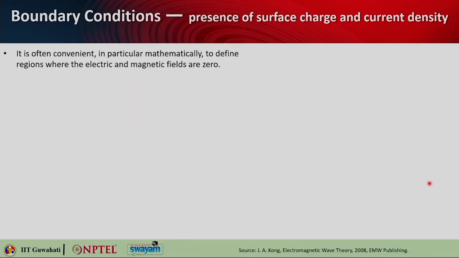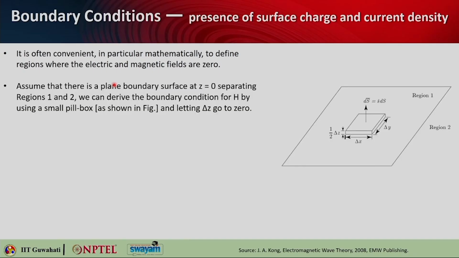Now, in the presence of surface charge or any current density, the boundary conditions will slightly modify, and the concept of surface charge density will have practical usefulness. Here let us see how it can be obtained. It is convenient, mathematically in particular, to define a region where magnetic and electric fields are 0.